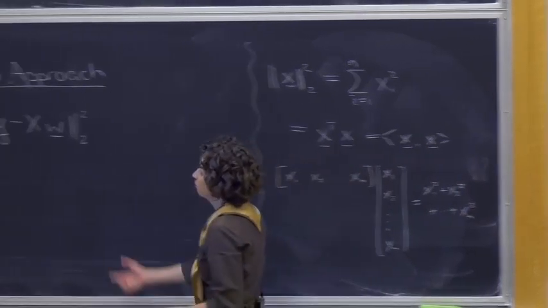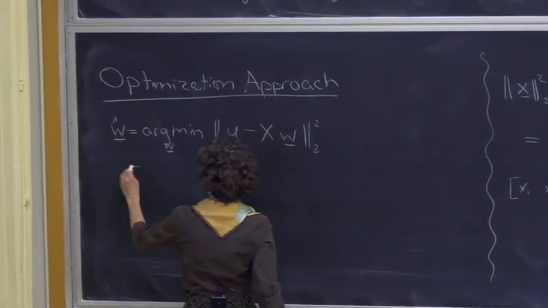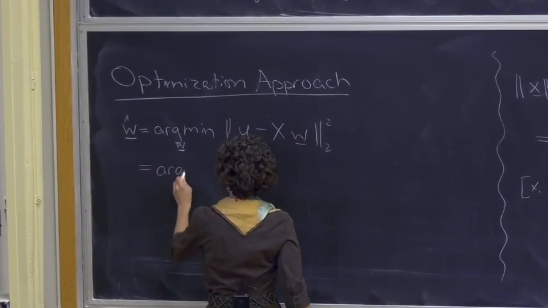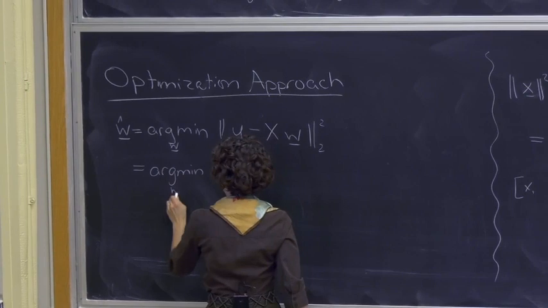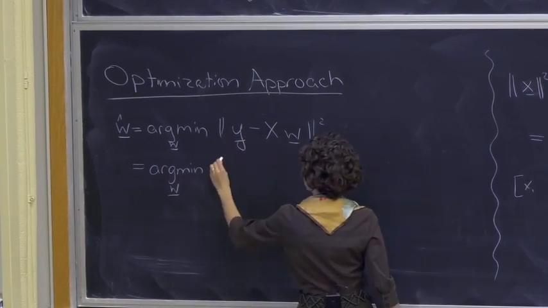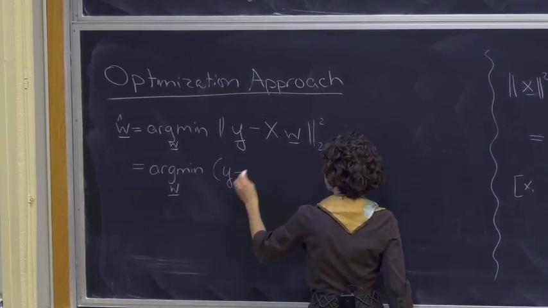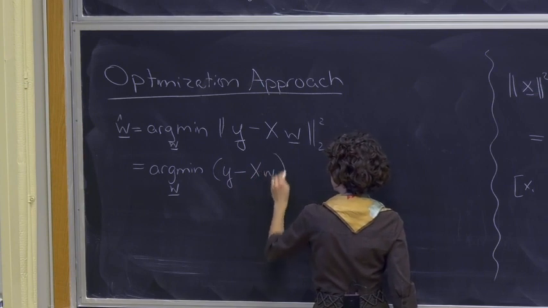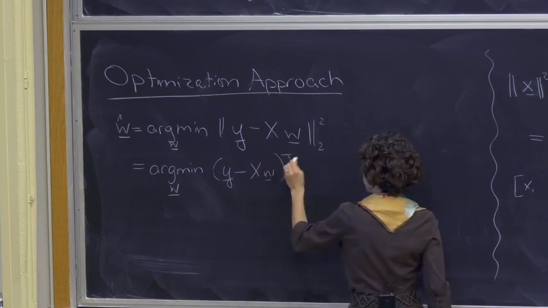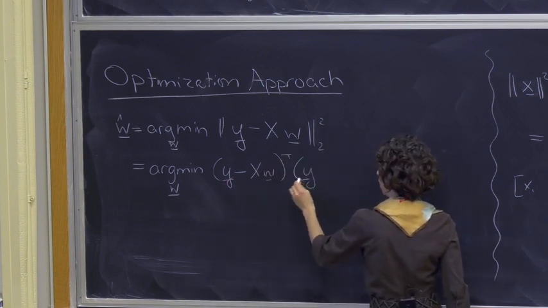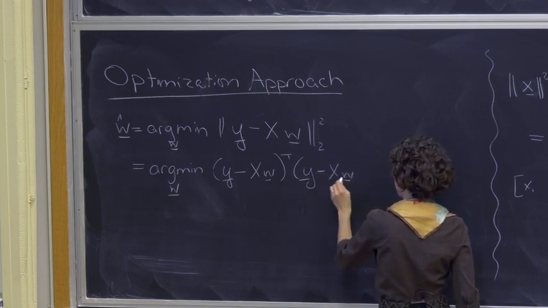So here, now I can rewrite my optimization problem using that. I can say this is the same as y minus xw transpose times y minus xw.